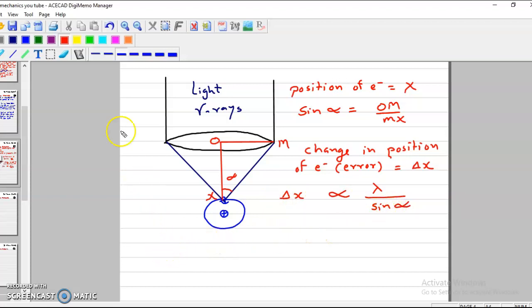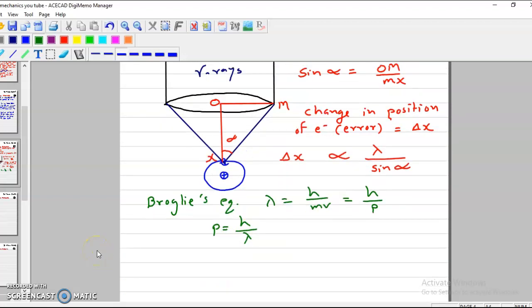So now according to de Broglie's theory, we have de Broglie's equation, lambda is equal to h upon mv, or lambda is equal to h upon p, momentum, because p is equal to h upon lambda.